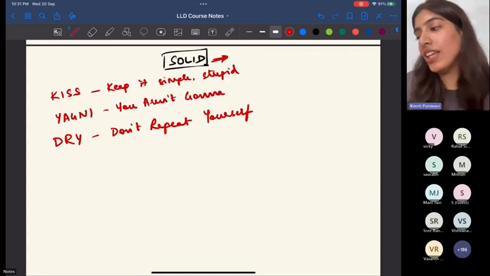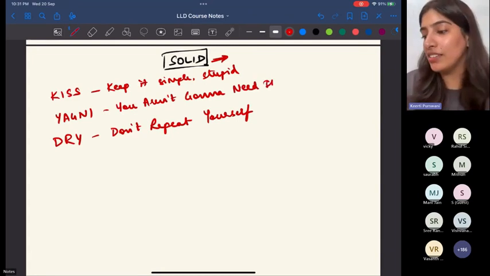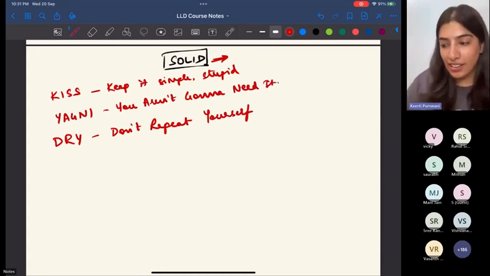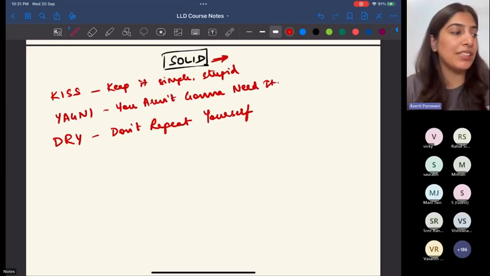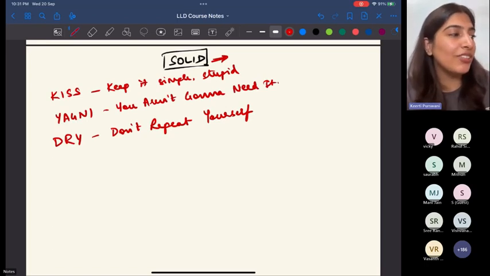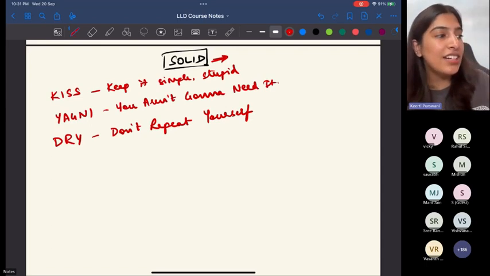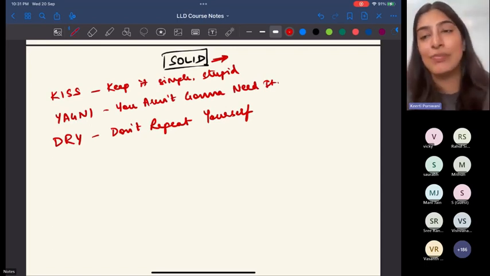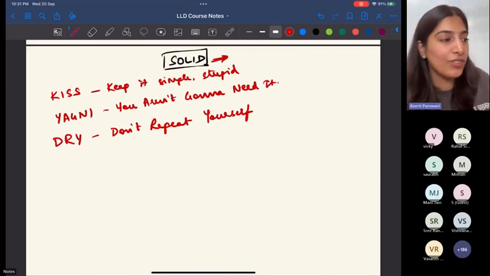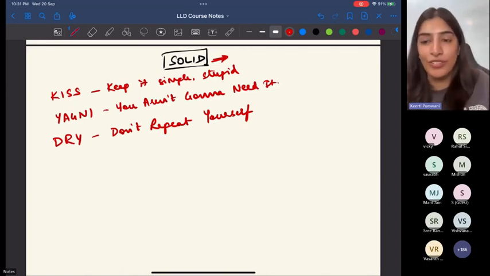So these are very conceptual level things. Let's try to understand. KISS is actually keep it simple, stupid. I know with simple, stupid, we think of a lot of things, like short and simple, short and sweet, simple and straightforward. But this is the full form.